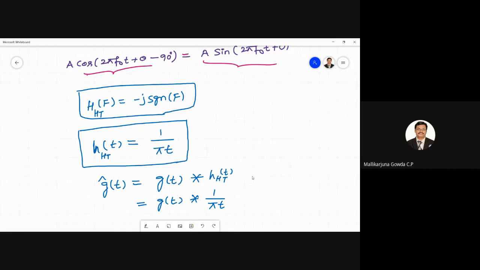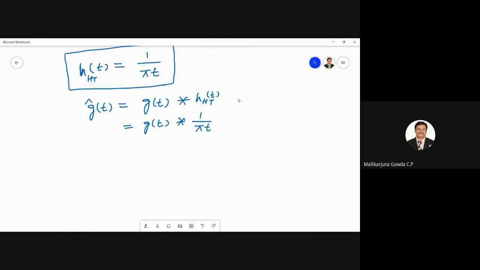This is in time domain. So this is g hat of t. This g hat of t is equal to g of t convolved with 1 by pi t.